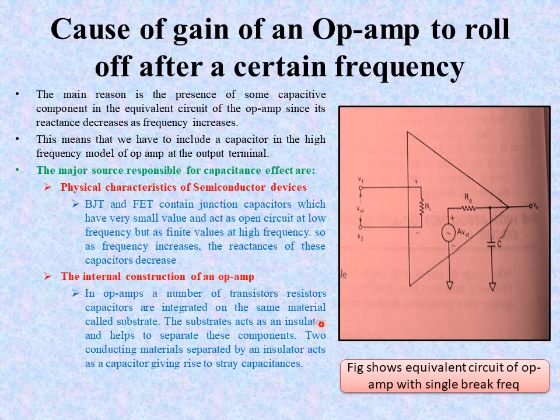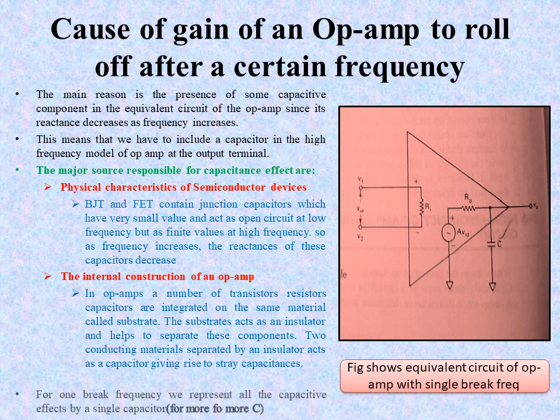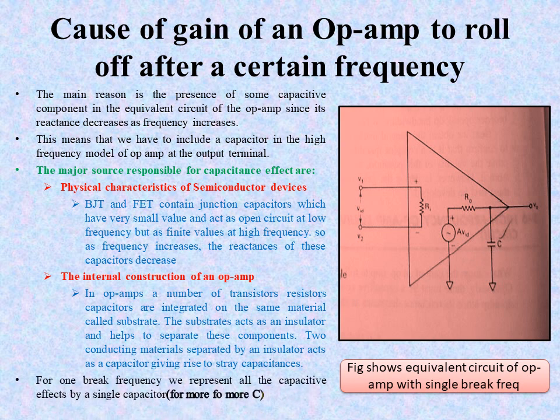These two are combined in the form of C here. So this is a single C. This single C is only because this operational amplifier has a single break frequency. If it had more break frequencies, then the value of C can be more also.